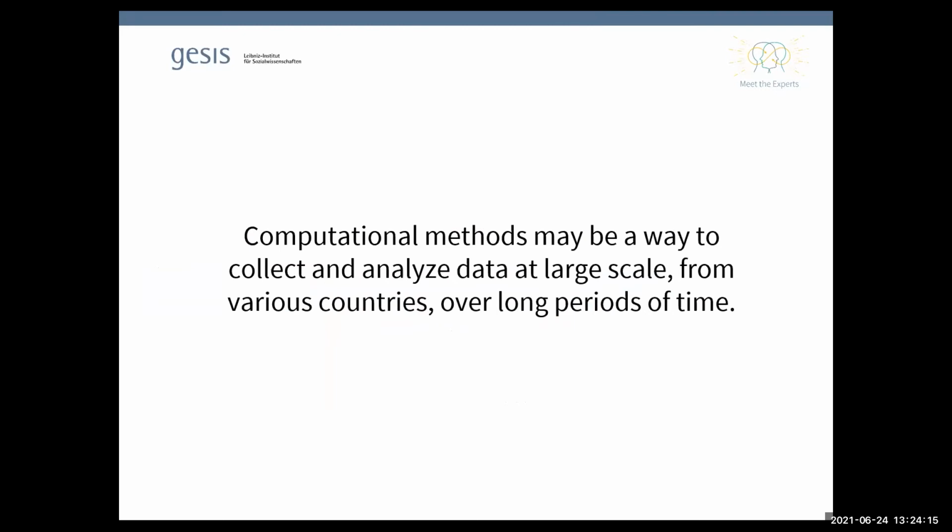The other aspect that is happening at the moment is that computational methods are being explored and developed in many different forms, and these computational methods are a way, as I said earlier, to collect the data that you might want for a specific project, but there might also be new methods to analyze large data sets at scale, and this can also help to discover really longitudinal data, multi-country data from different contexts. So these are other aspects that make these approaches interesting.